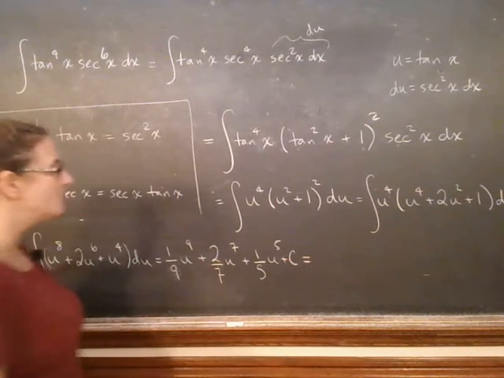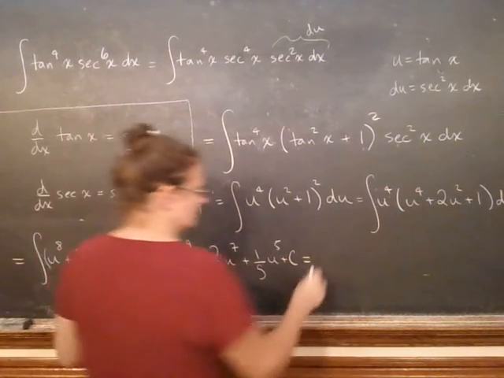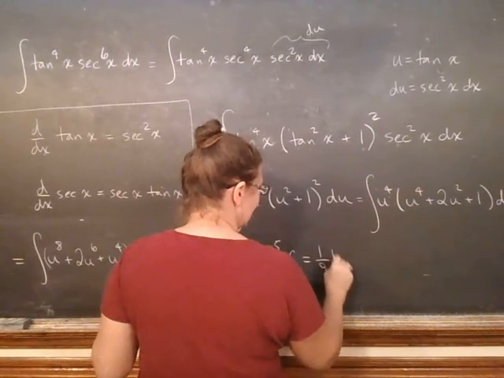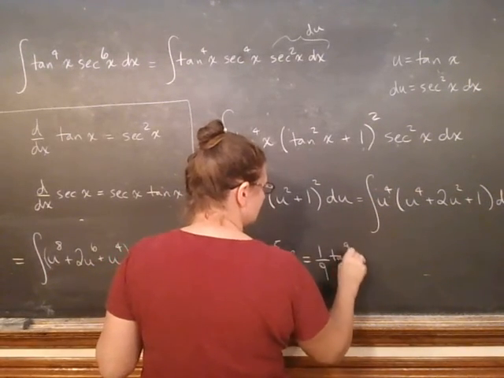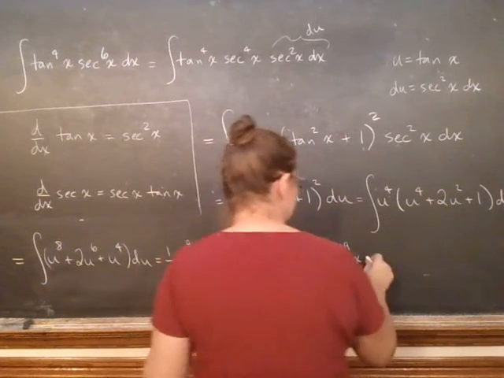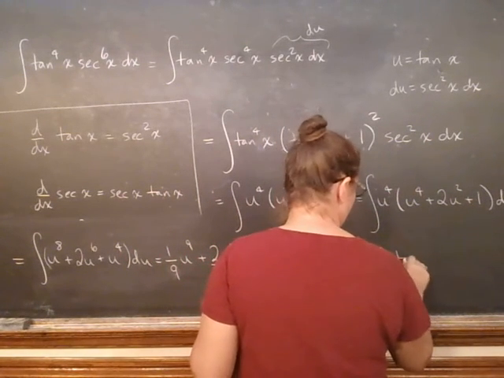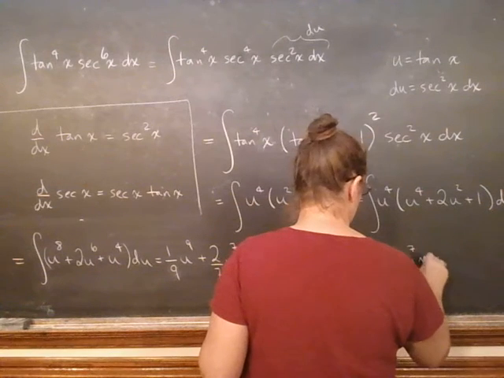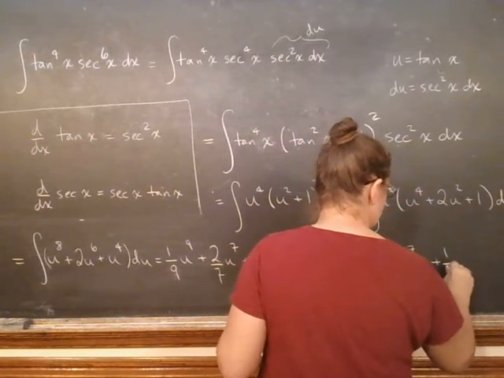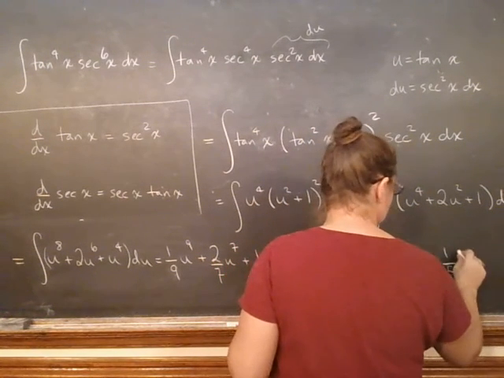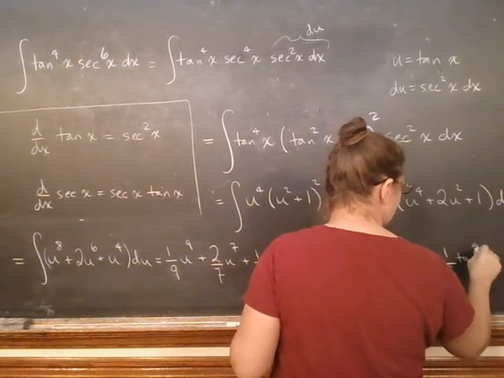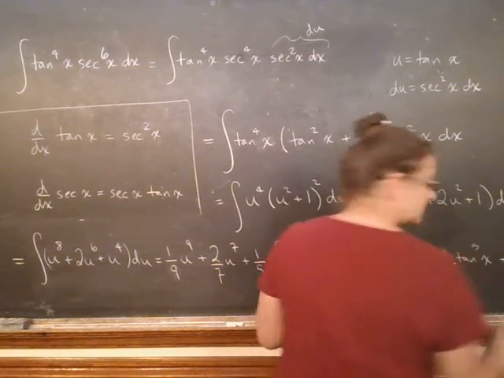And then I want to put back what u is. So then I just get my final answer in terms of powers of tangent. And then the last one is 1/5 tangent to the 5th plus c.